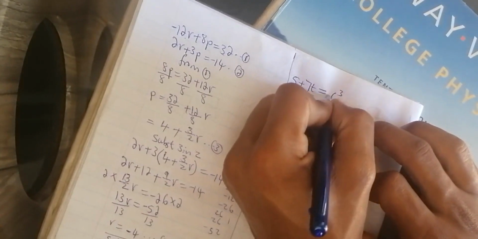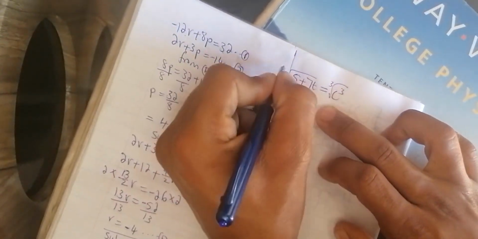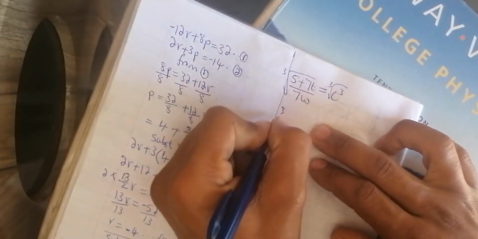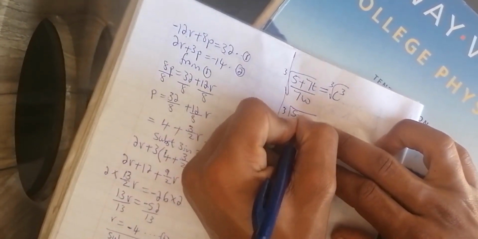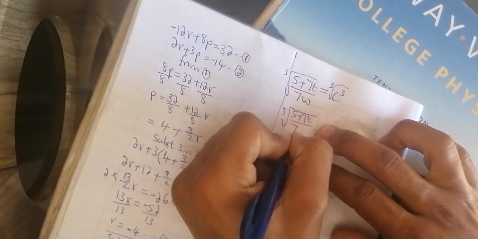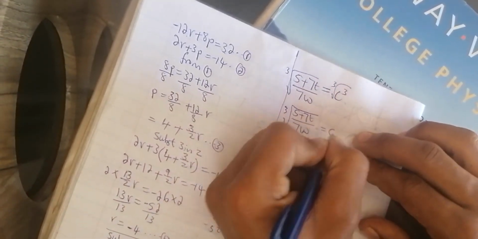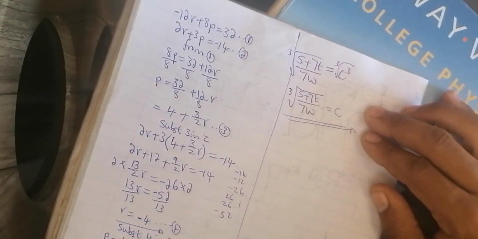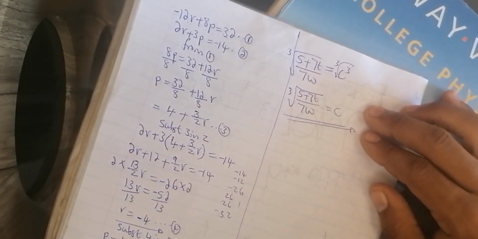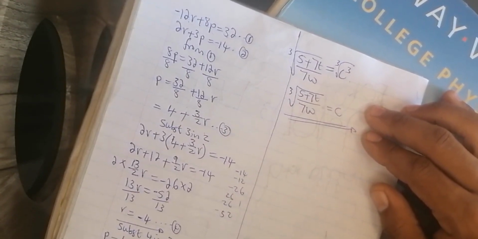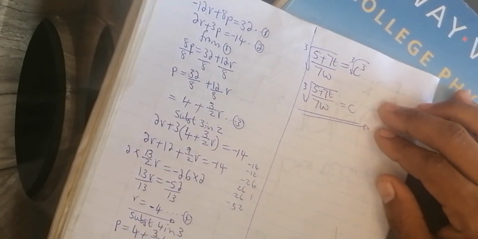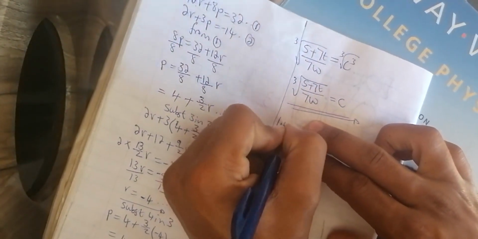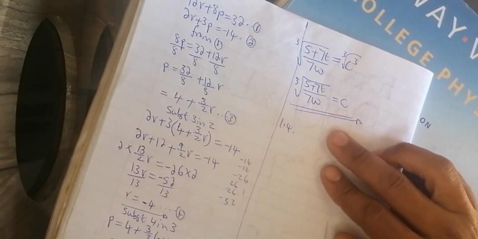And then I can introduce the third root here, so that I have the third root of 5 plus 7T all over 7W equals C. This is what I would get: 5 plus 7T divided by 7W. So this is exactly what we would get. Right, that is fine. Let's go to 1.4, which marks the end of question 1.